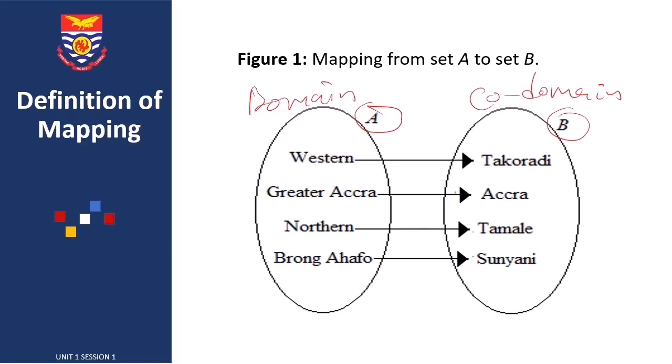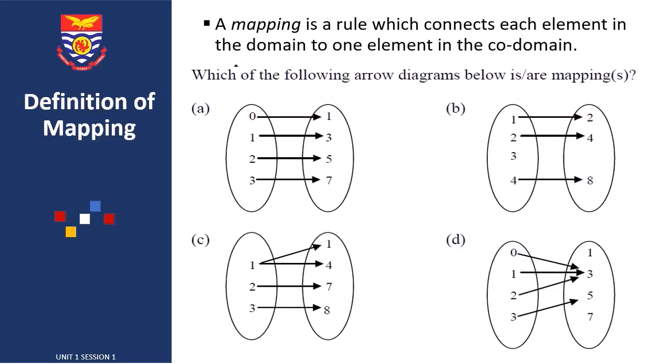Let's see the next slide. Based on what we have seen, a mapping is a rule which connects each element in the domain to one element in the codomain, because we're having the regions and their capitals. For Asante region, you cannot go and say Mampong. No, there's a rule for that.